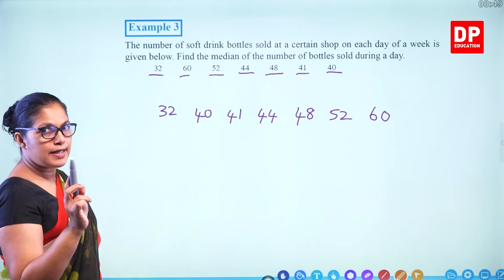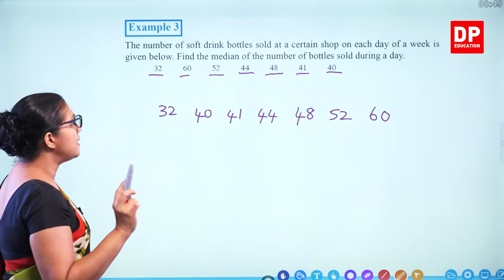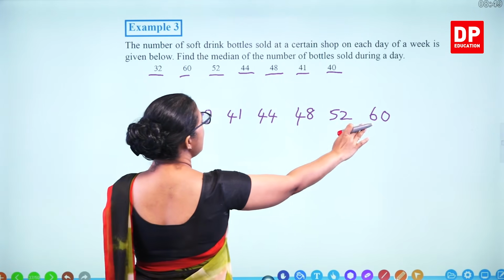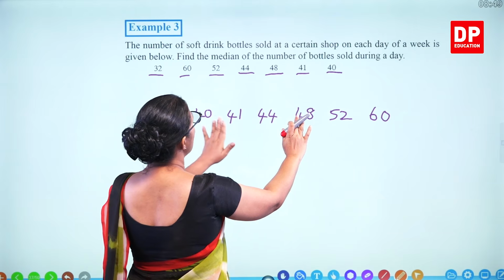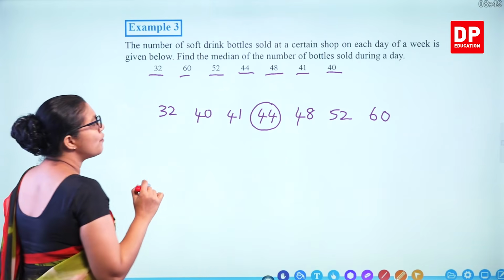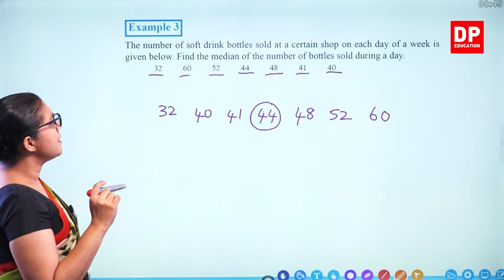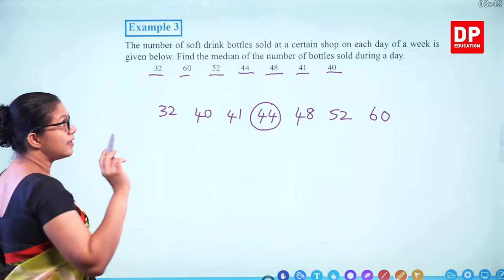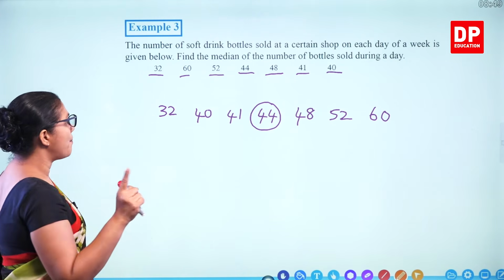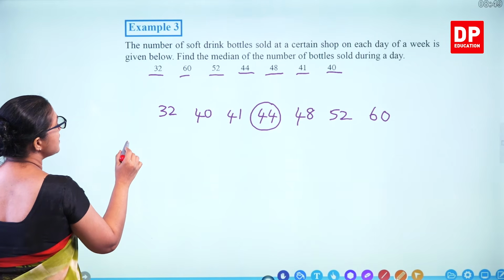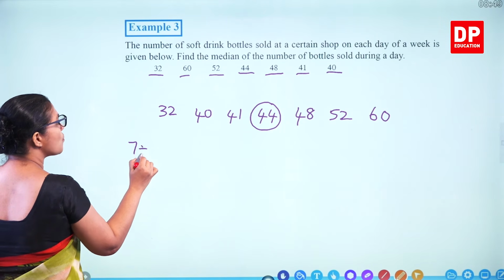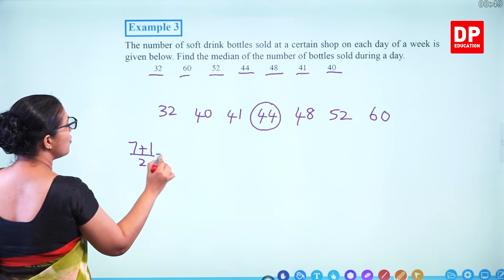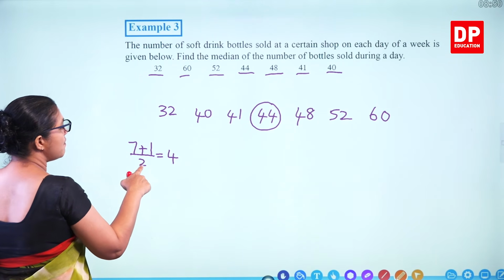Odd number of data points, so you get one middle number. How do you find it? 44 is the middle number. If it's an odd number of terms, you get one middle number: 7 plus 1, add 1 and divide by 2, so 8 divided by 2 is 4.